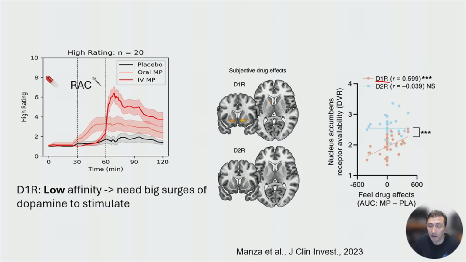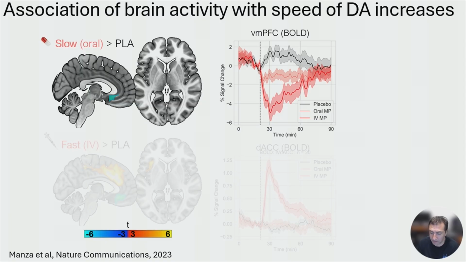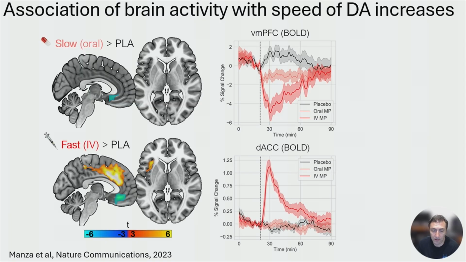So again, D1 receptor density turned out to be important for subjective ratings. One last thing about the study is that he was also able to show that fast intravenous methylphenidate increased the ACC activation by decreasing the ventromedial PFC activation.